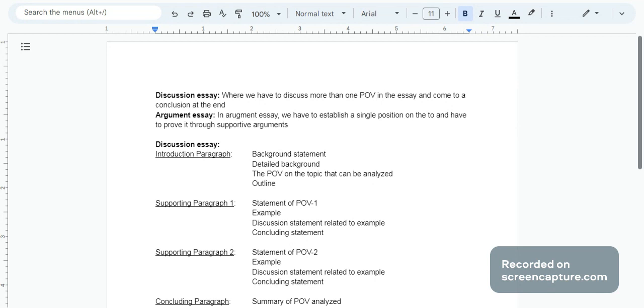So you must have a flexible format, a flexible layout, which helps you get good percentage or good bands in both of the examinations.